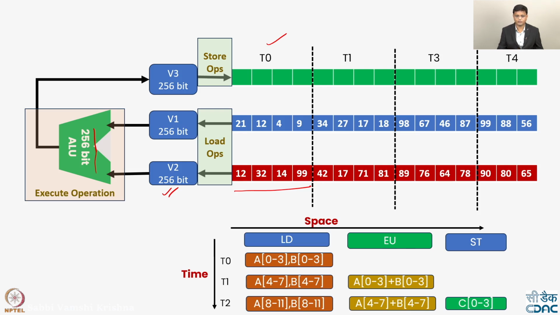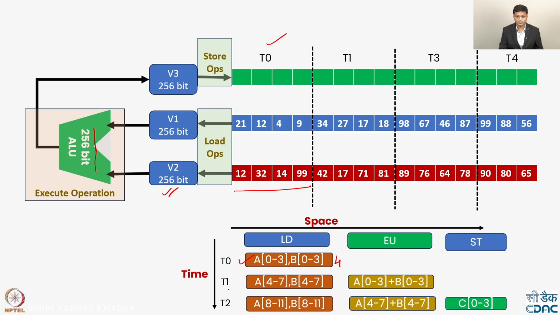It has a load, execution and store unit, but the only difference is that because the vector registers have been widened, they have the capability to carry more information. Because of that, each operation can process more elements at a time. So, in this scenario, at the T0 cycle 4 elements can be processed.